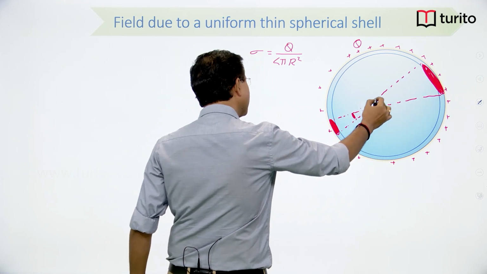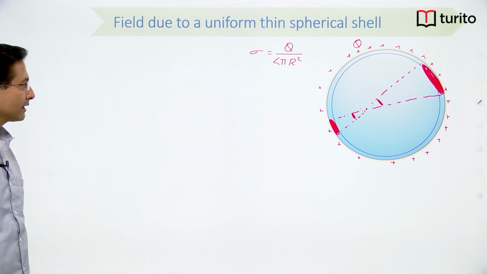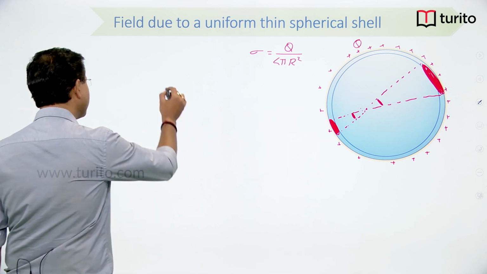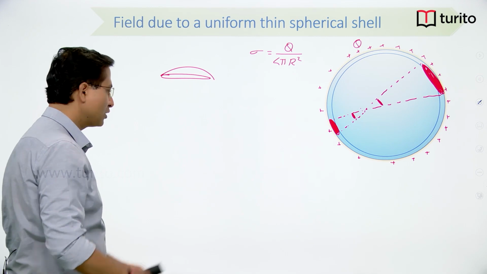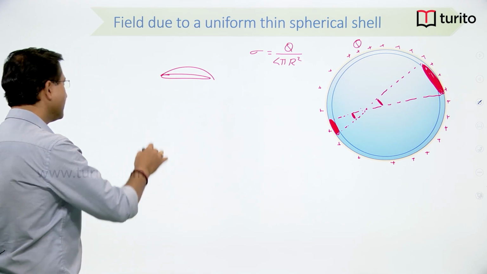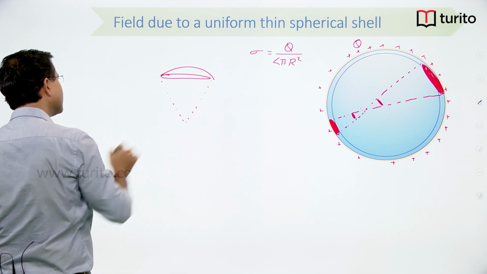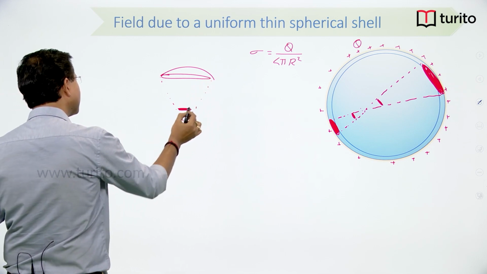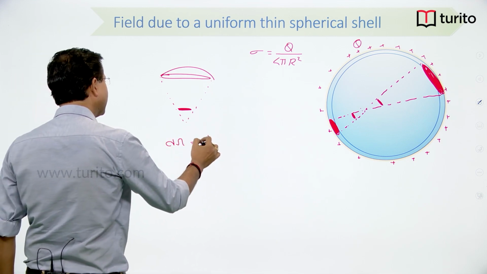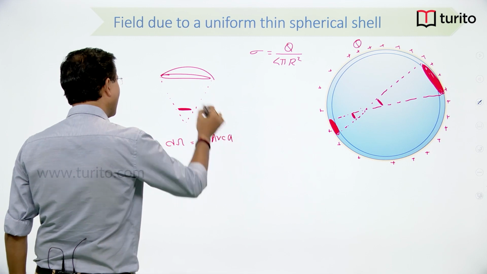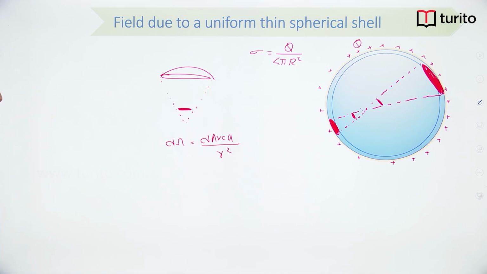So this angle is the same as this angle, right. I hope you understand the concept of solid angle. If I take a spherical part and I join all the contour to the center, then the angle subtended here, the solid angle, is equal to the area of this surface divided by r square, right.